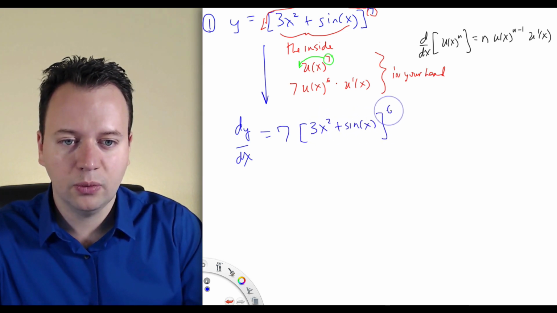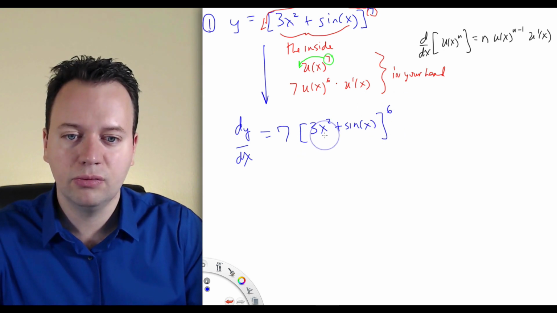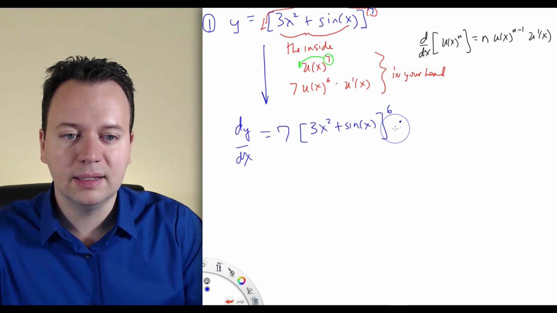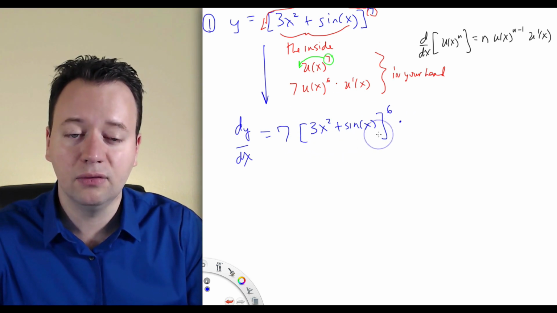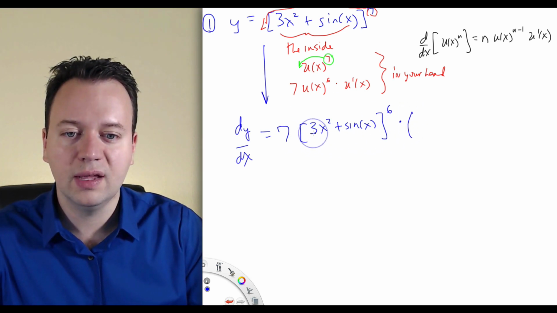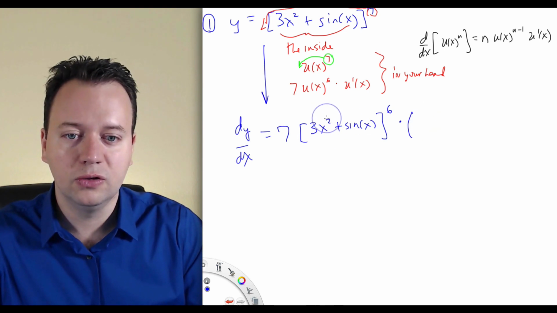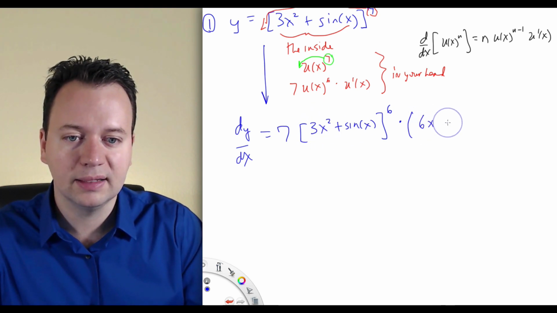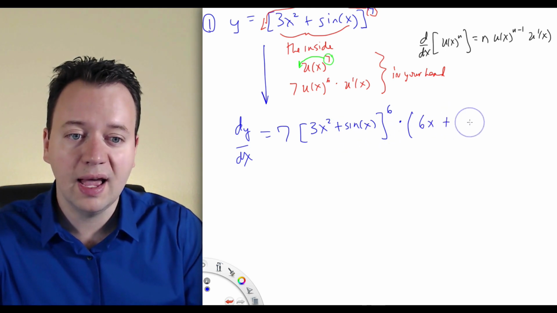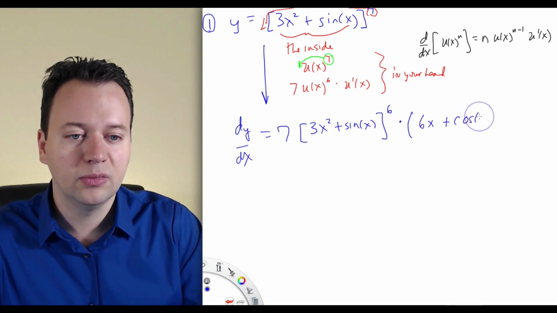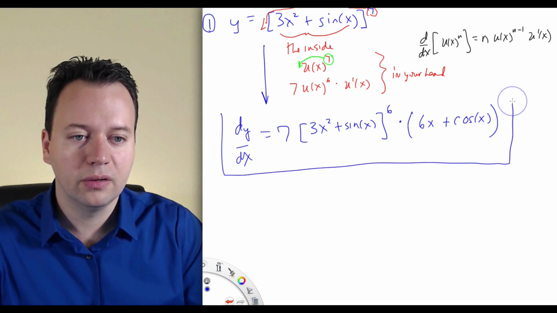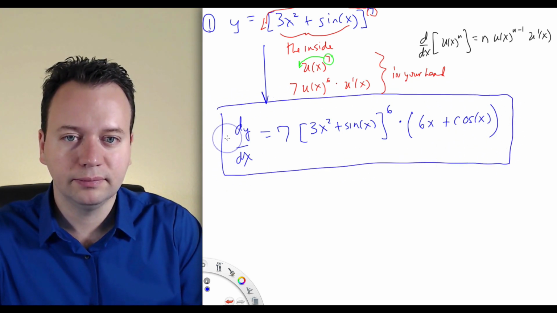Then I subtract 1 from the 7, so it's 7 times 3x squared plus sine of x to the 6th, and then times the derivative of the inside function. The derivative of 3x squared: the 2 comes down, 2 times 3 is 6, it's 6x. And the derivative of sine is cosine, so 6x plus cosine of x. So that is the derivative of our function.